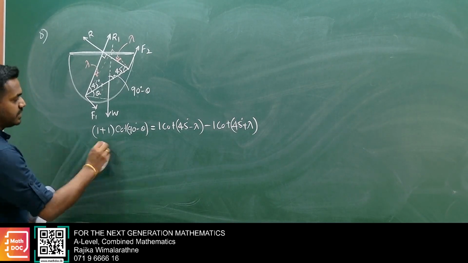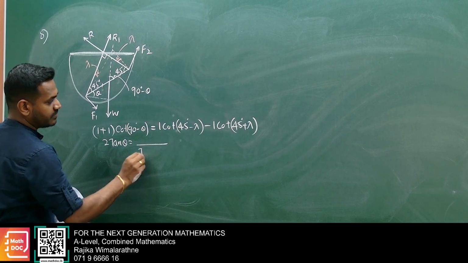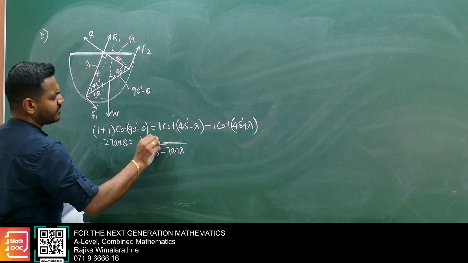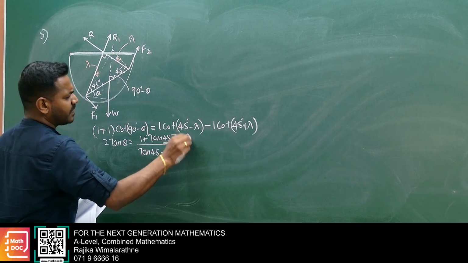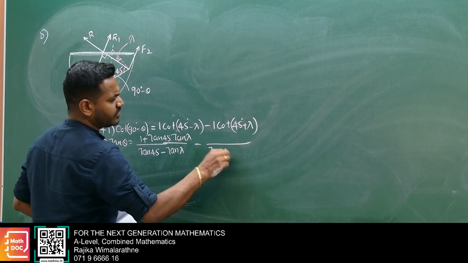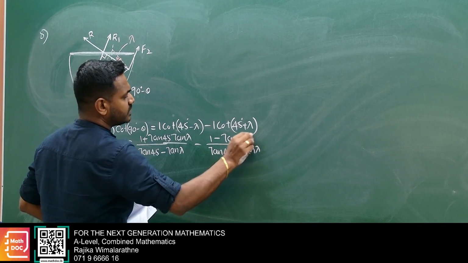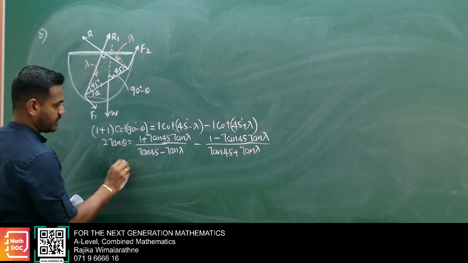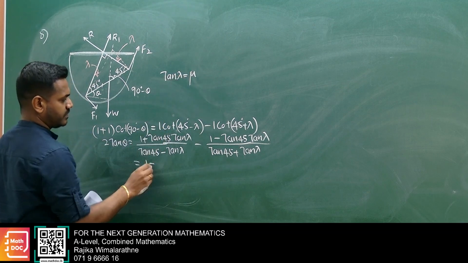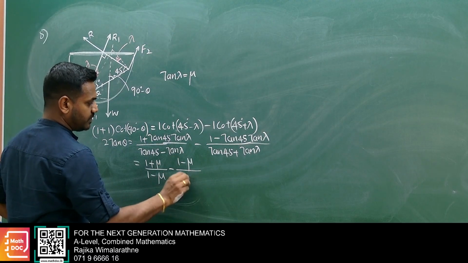Now just simplify this. 2 tan theta equals 1 over tan of 45 minus lambda, that is 1 plus tan 45 tan lambda over tan 45 minus tan lambda, minus 1 over tan of 45 plus lambda, that is 1 minus tan 45 tan lambda over tan 45 plus tan lambda. Then say tan lambda equals mu: 1 plus mu over 1 minus mu, minus 1 minus mu over 1 plus mu.